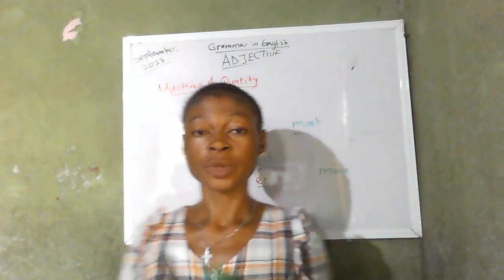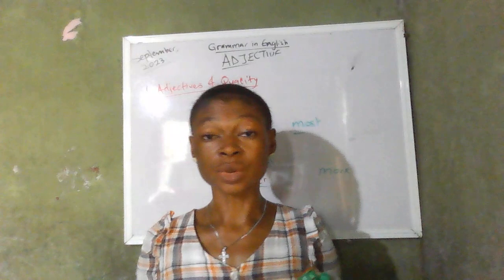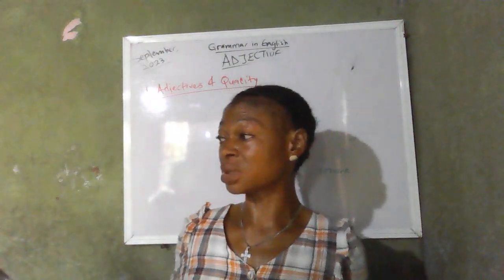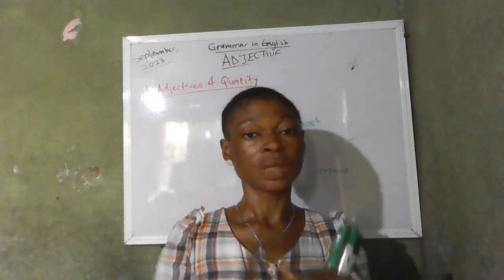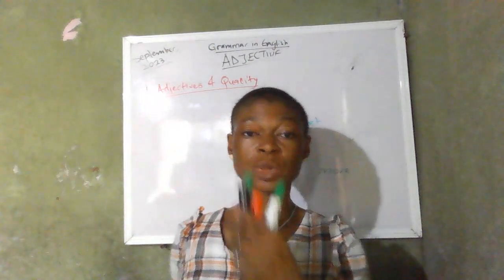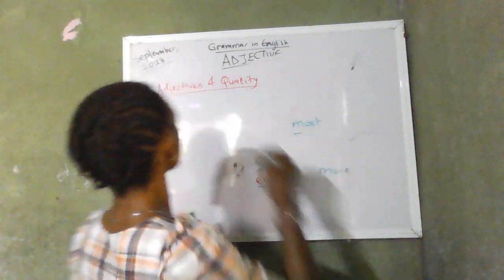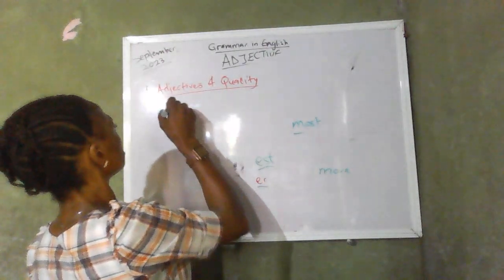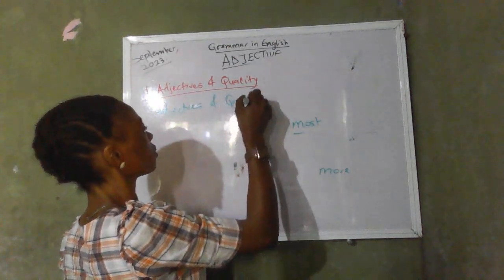If you are with a box around you, you might have boxes, but mine are very large, so I cannot bring them before the screen. This is easier because the markers are very small. So I have 5 markers. These are adjectives of quantity.